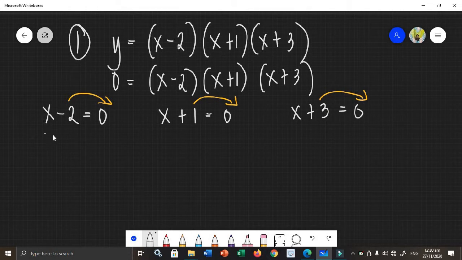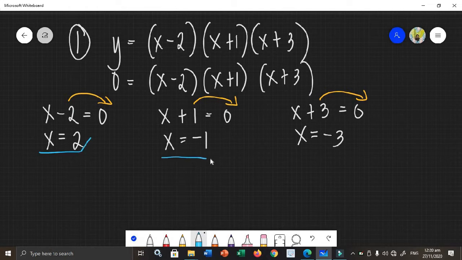So here we have x minus 2, we transpose negative 2 to the right side, so it will become positive 2. Here we have positive 1 and we transpose it, so it will become negative 1. And here also we have positive 3, we transpose it, so it will become negative 3. Therefore, these 3 values of x will now be the zeros of the given polynomial function.